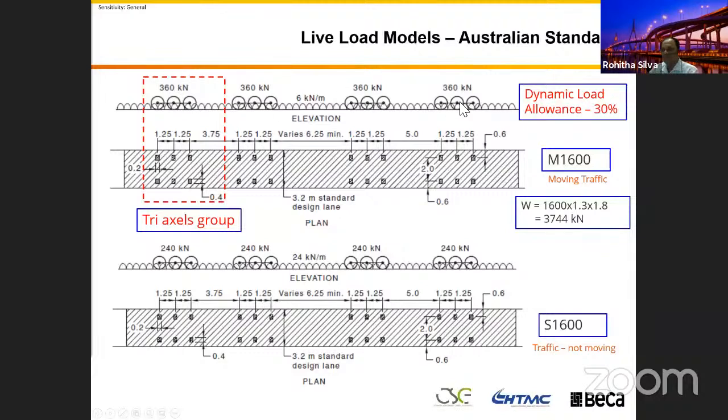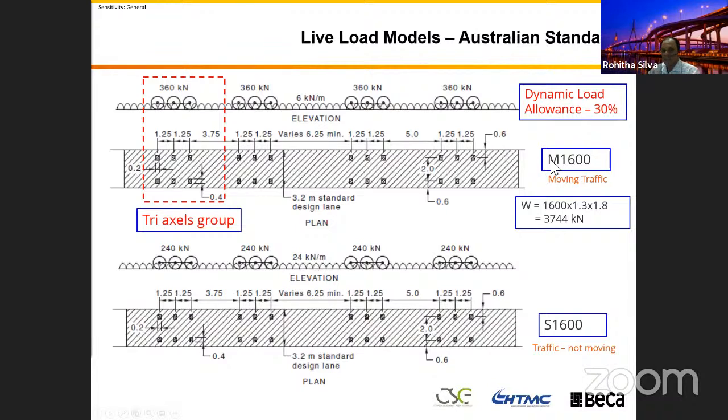So we got 4 of them in the bridge, and they are spaced like this: spacing of the axles first 1.25, then between the axle groups 3.75, and the one in the front is 5. In between, you can vary it whichever way you want. Minimum 6 to 5, but you can go up to 10, 15, 20, 30, any number.